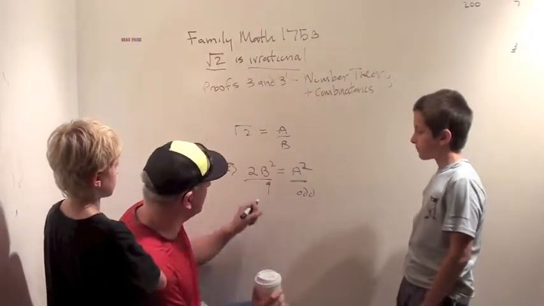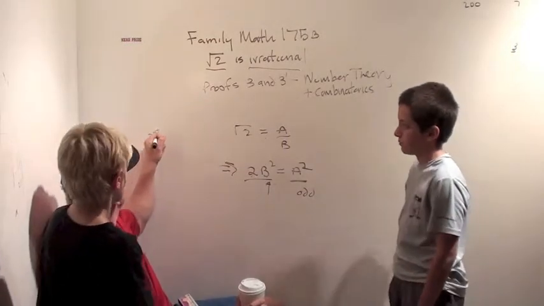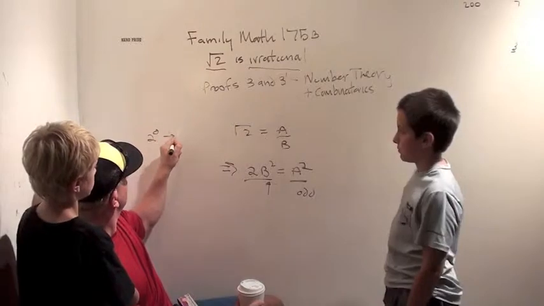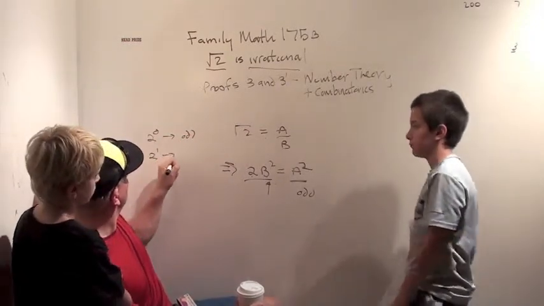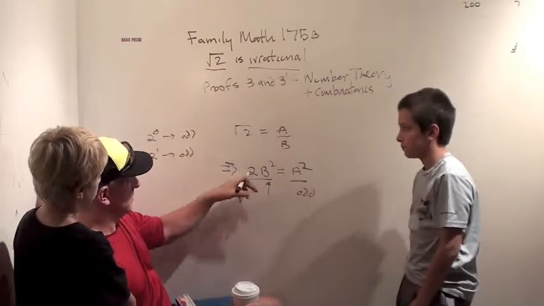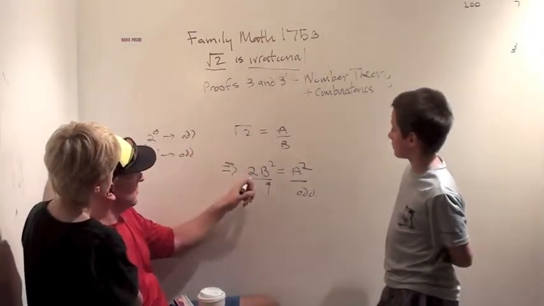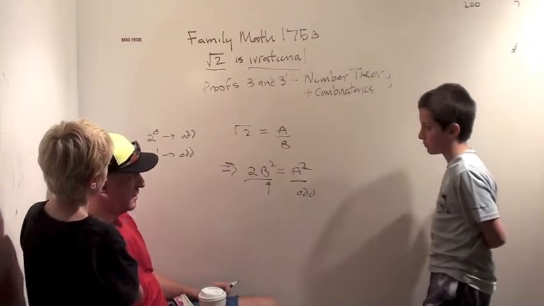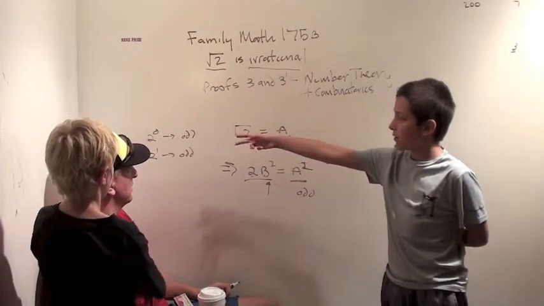Okay, and for every single factor of b squared, I can pair it with a 2 to the 0, or I can pair it with a 2 to the 1. So what does that mean about the number of factors of 2 times b squared? You multiply all of it by 2.